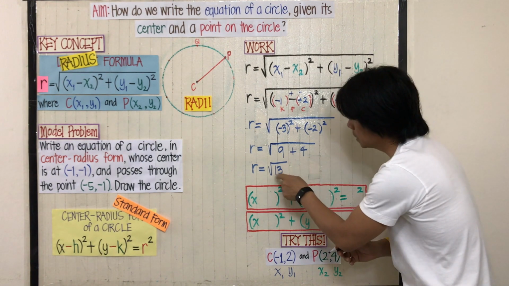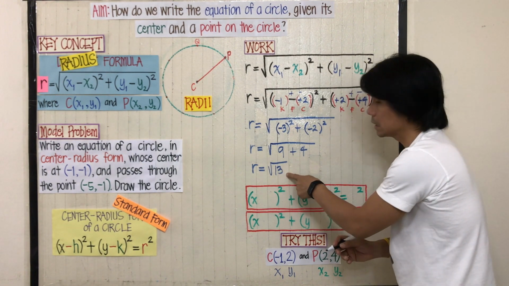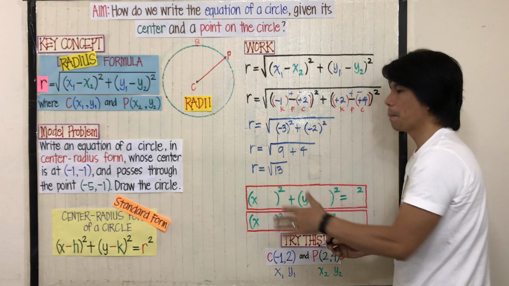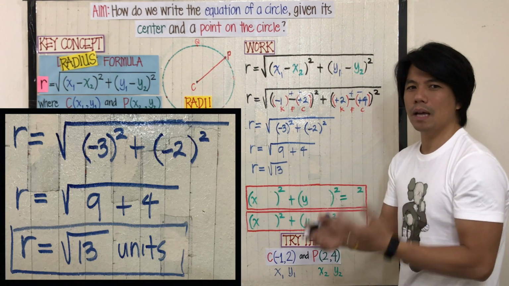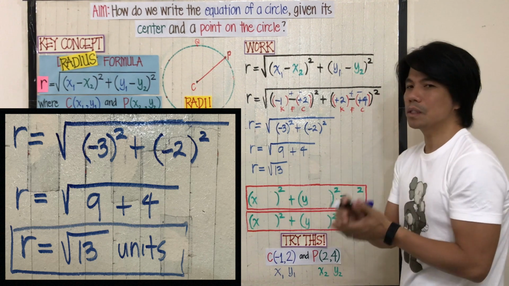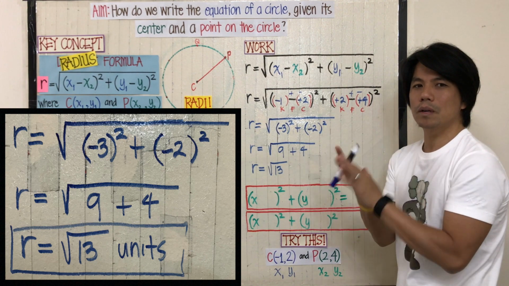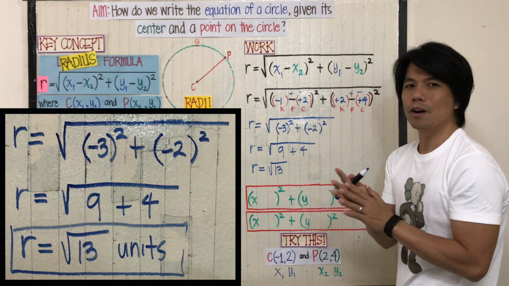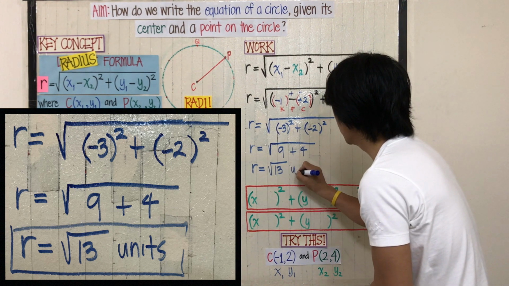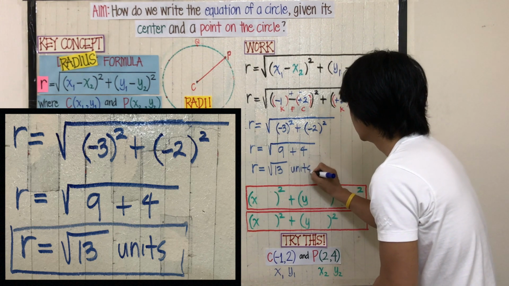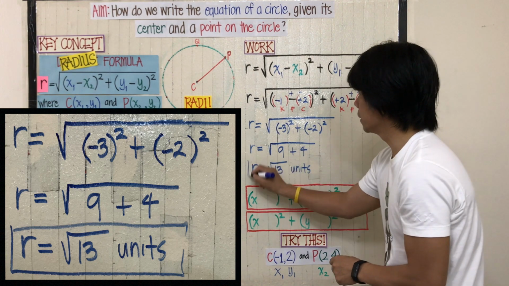No, because 13 is not a perfect square number. Unlike previously, we have the square root of 16, square root of 9, square root of 25. The 16, 9, and 25 and a lot more are perfect square numbers. 13 is not. So this will be the measure of our radius.